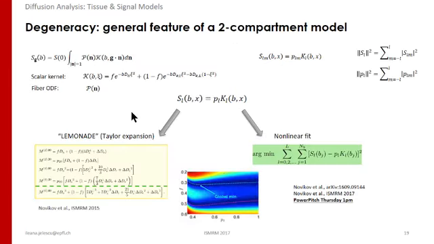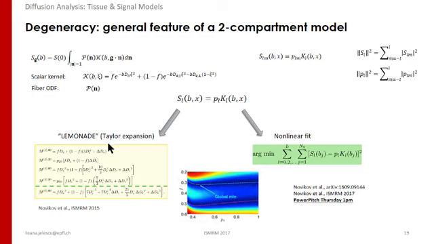This degeneracy is actually a very general feature of a two-compartment model, as has recently been shown analytically by Novikov and colleagues. Here we have a very general model with a scalar kernel characterized by the parameters that I've been describing until now, and a very general fiber ODF, where we make no assumptions about the specific ODF.